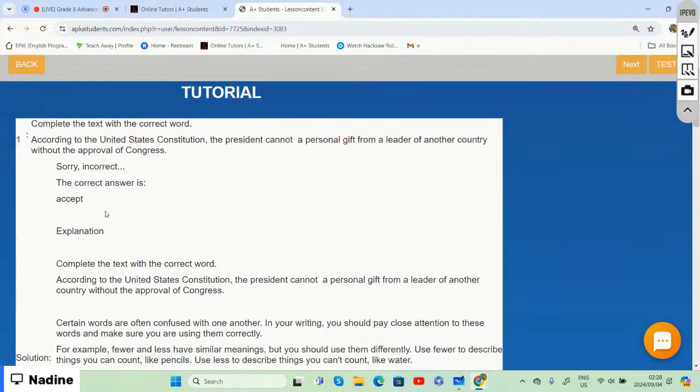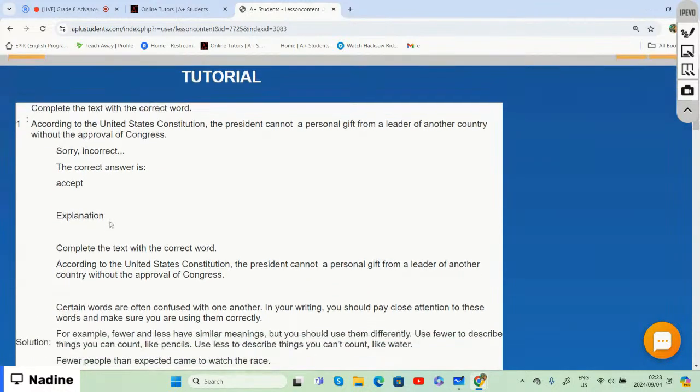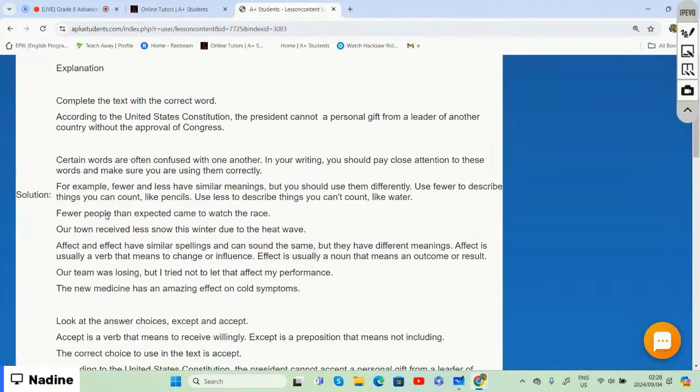All right, we are now going to complete the text with the correct word, right?